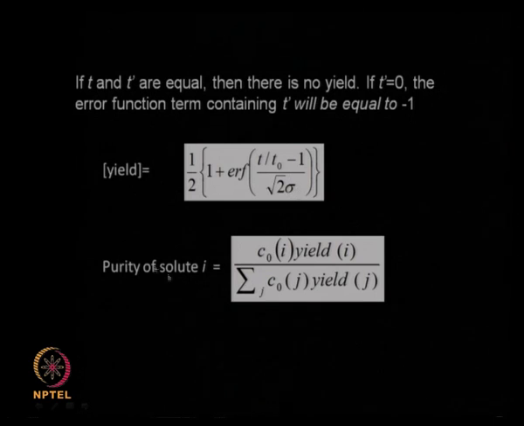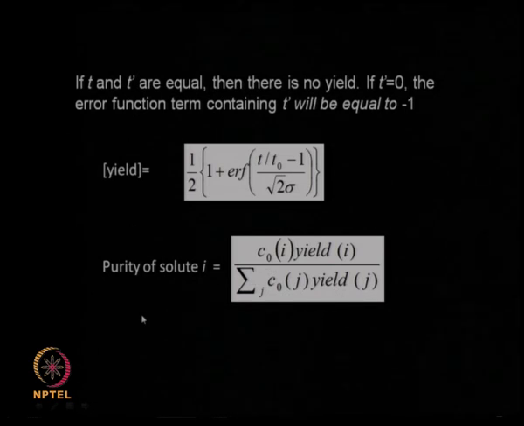Now there is something called purity. A protein mixture may contain several proteins, n proteins. So when I am collecting the ith protein, I may be also collecting some amount of the remaining proteins also, right. So how do I calculate purity? Purity is nothing but concentration C0i into yield i divided by summation of C0j into yield j for all the j's.